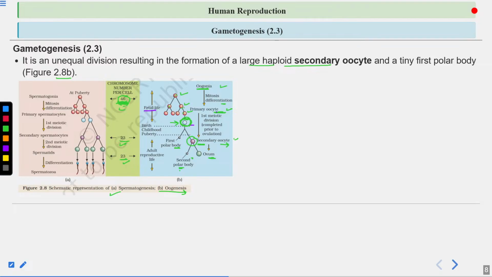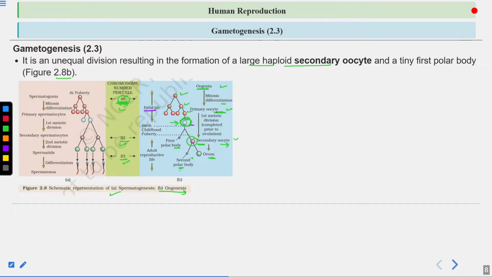Or you can also differentiate oogenesis into these 5 stages. First one is the prenatal stage, meaning the fetal stage. In this, the primordial germ cells will form the oogonia. Then there is an antral stage, so the antrum is formed in the tertiary follicle, which consists of the primary oocyte.